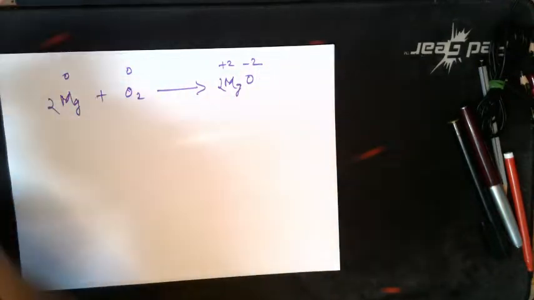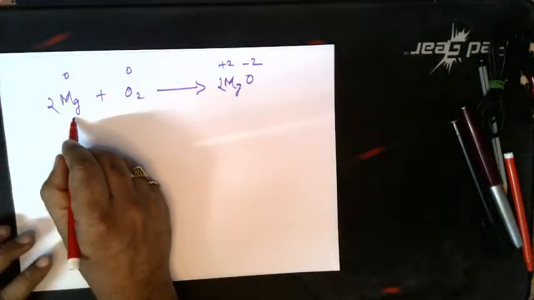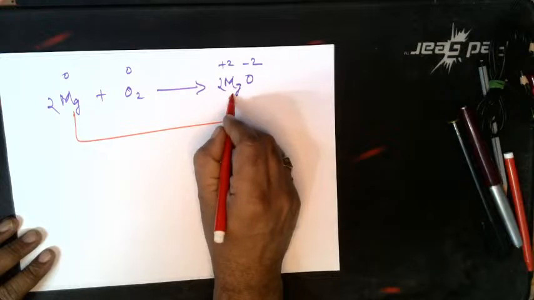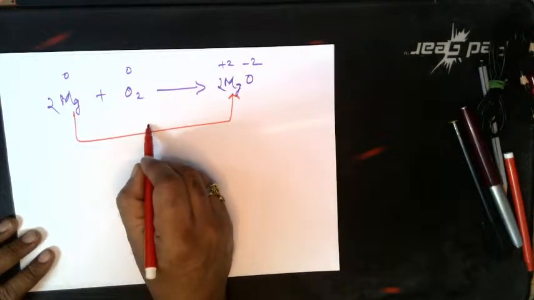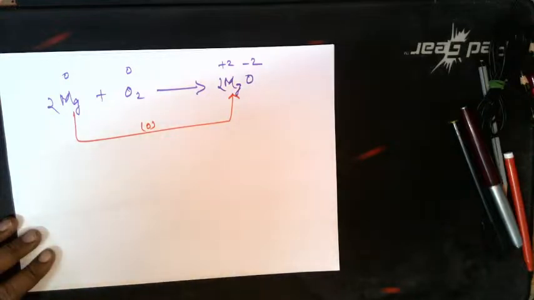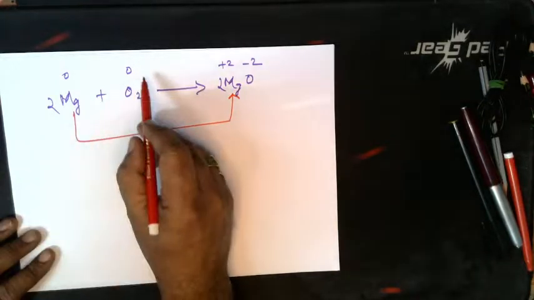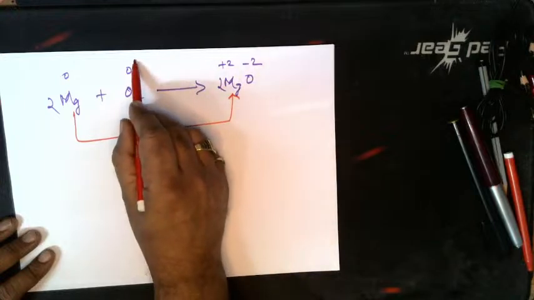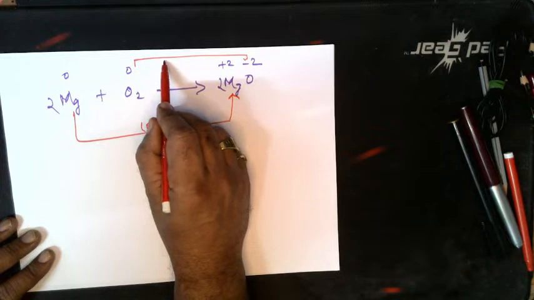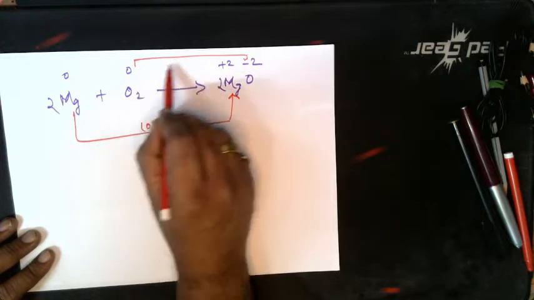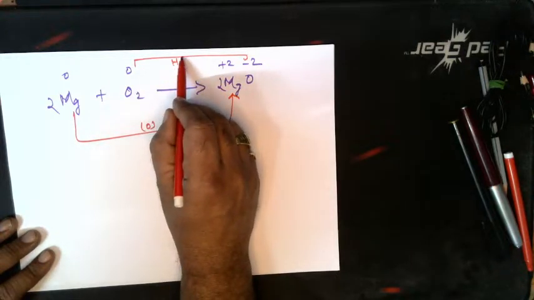Now let us indicate: magnesium 0 becomes plus 2. So 0 becomes plus 2 means loss of electrons. What is that? Oxidation. Got it? And what about the oxygen? 0 becomes minus 2, so it gained 2 electrons. That is reduction. So it can be called redox reaction.